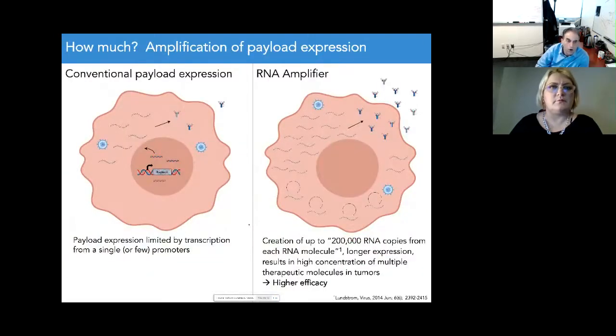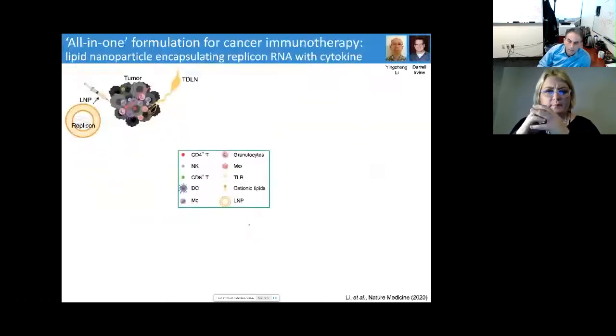Okay, so in comparison to conventional payload expression, which comes in and makes some amount of RNA, or you deliver modified RNA yourself, it makes some amount of therapeutic protein. Our approach with this RNA amplification mechanism, we start off with perhaps even a single RNA molecule. The single RNA molecule replicates itself, and we can get 200,000 copies of that RNA molecule. So we are able to generate very high levels of expression of the therapeutic payload.